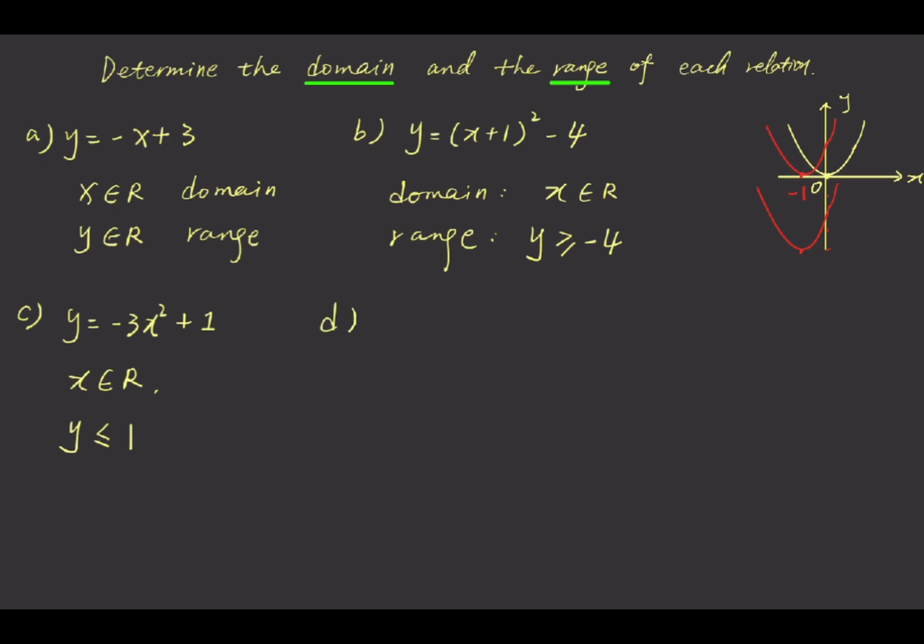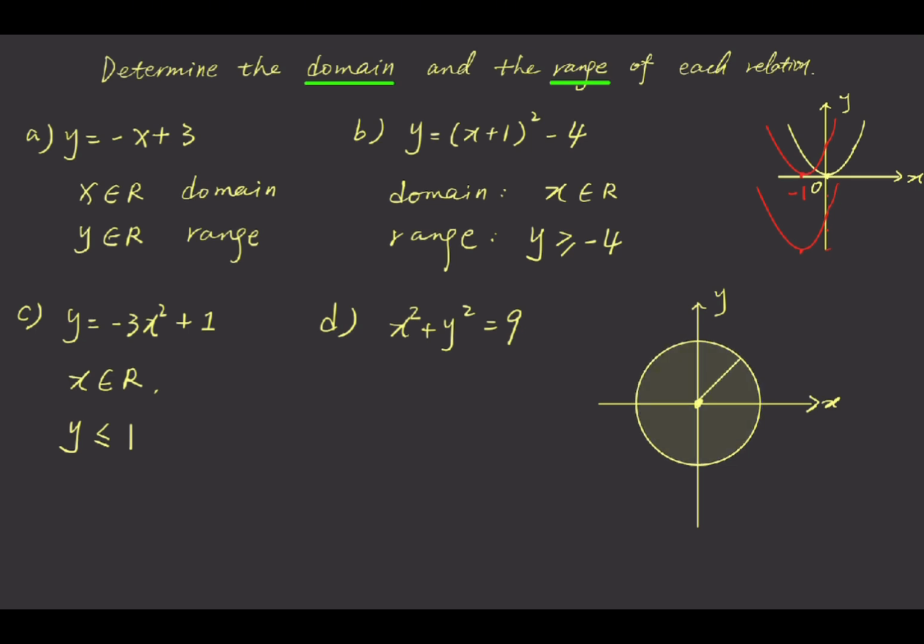Next question, question D. x squared plus y squared equals 9. We have known this relation represents a circle with the center at the origin. The radius should be 3. Here it should be negative 3, positive 3, positive 3, negative 3.